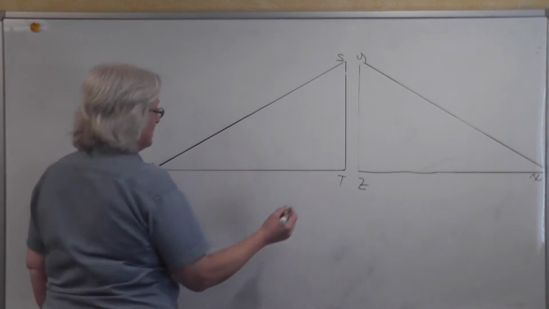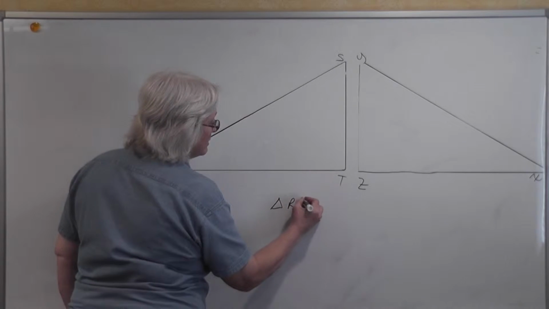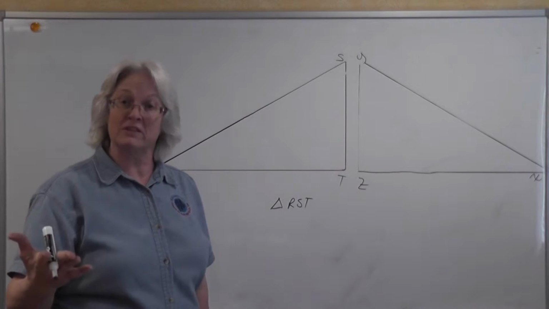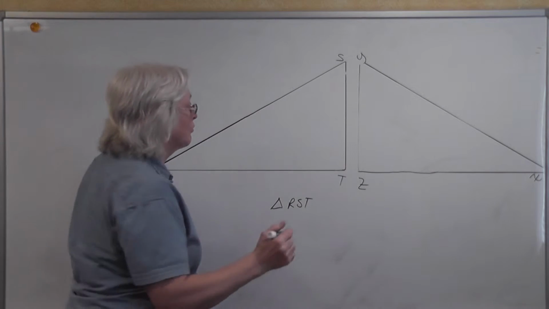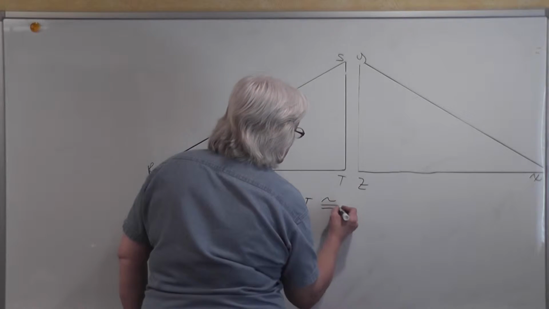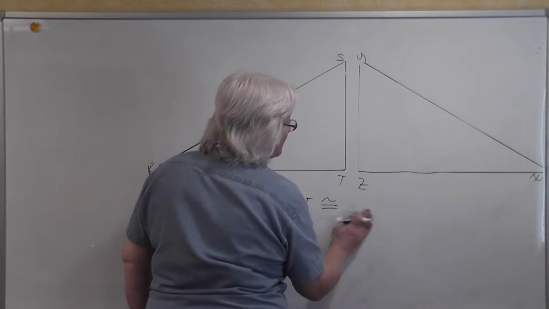So we have two triangles here. We have triangle R, S, T, and what are we going to say about it? We're going to say it's congruent. What does it mean when I say that that triangle is congruent? Because they don't look the same, do they?